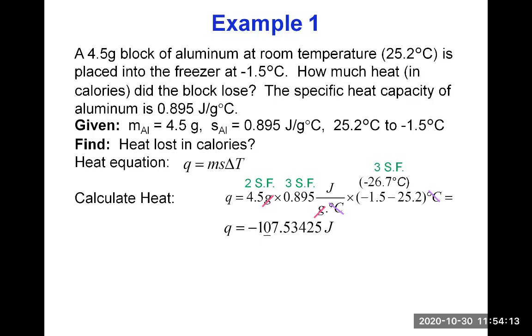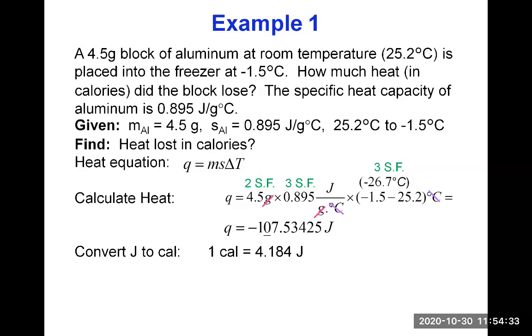However, you do not round, you keep everything that the calculator gives you to do the change now from joules to calories. And so to change from joules to calories, we need the equality between calories and joules, and it's 1 calorie equals 4.184 joules.